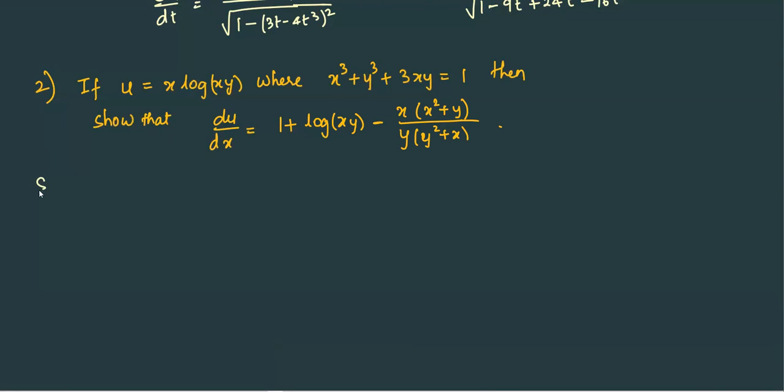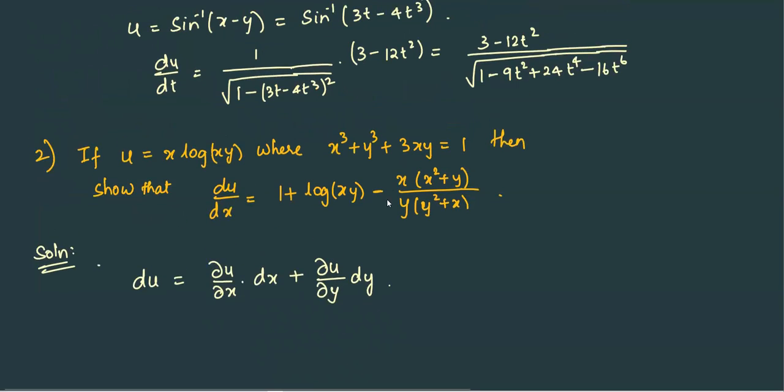So u is defined in terms of x, and y is defined in terms of x, but implicitly, not explicitly. So first step to do is write the total differential. Total differential of u is dou u by dou x times dx plus dou u by dou y times dy.